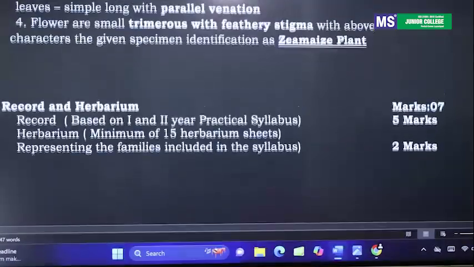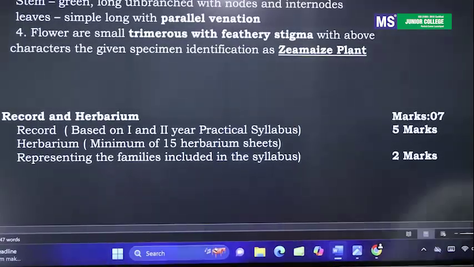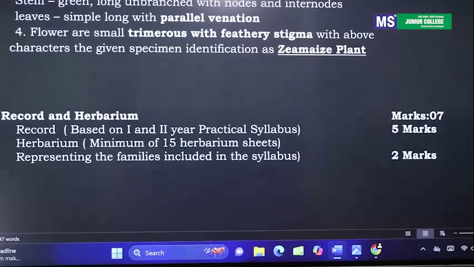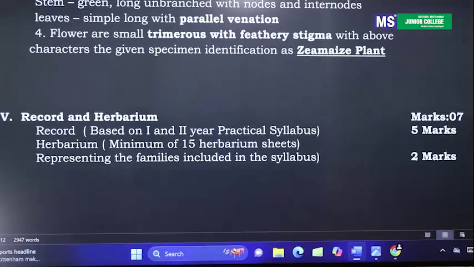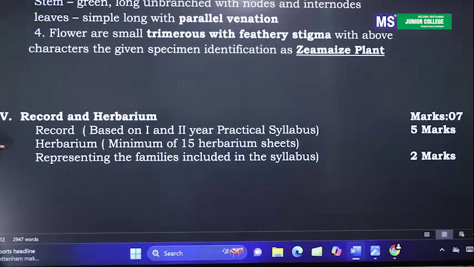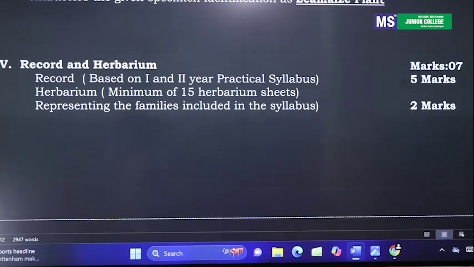So, these are the spotters. Out of these many spotters, you are going to get any 5. For each spotter, you need to find what it is, and for that identification, you need to write 4 points. At last, we have Record and Herbarium. Record gives 5 marks to you, and Herbarium 2 marks.